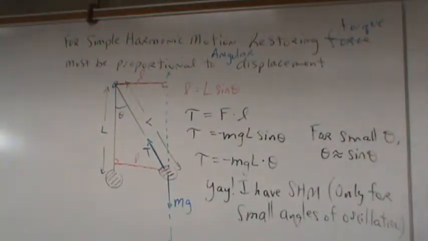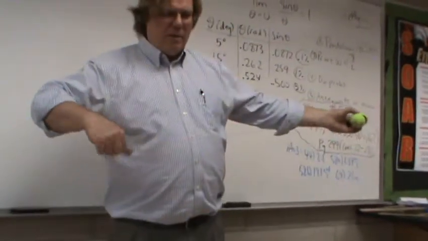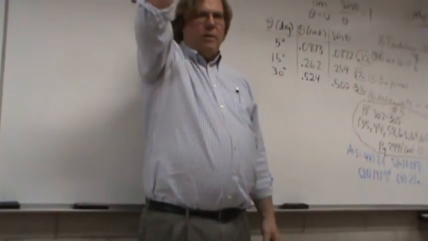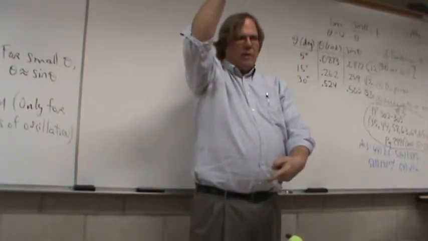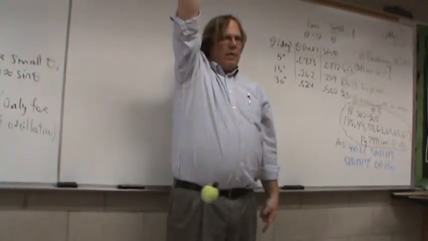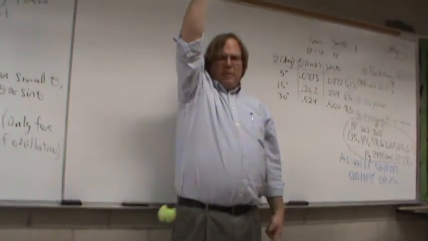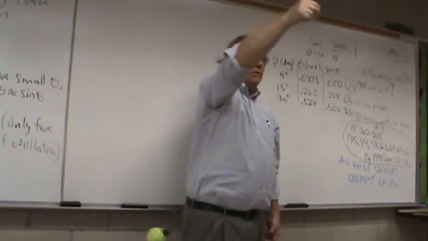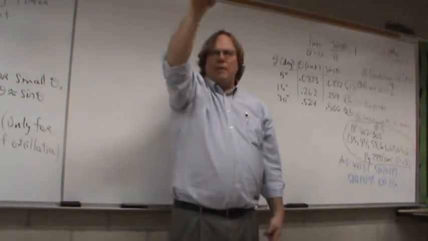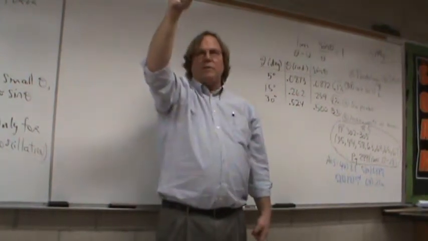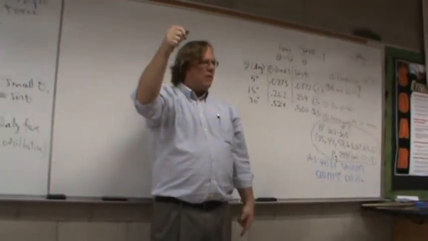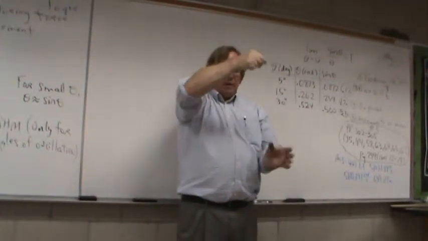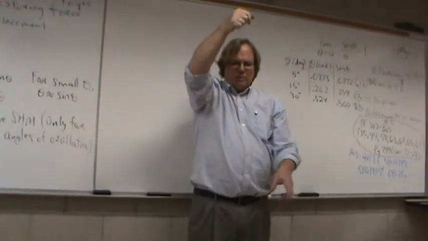So what I'm saying is, when you do your pendulum lab, when you're measuring length of pendulum and getting period of pendulum, you need to have an angle of oscillation that's something like this, right? Something that's reasonably small angles. Please do not give me angles of oscillation that look like that, because this isn't going to be simple harmonic motion anymore. Not gigantically huge angles of theta. It's got to be reasonably small angles of theta.